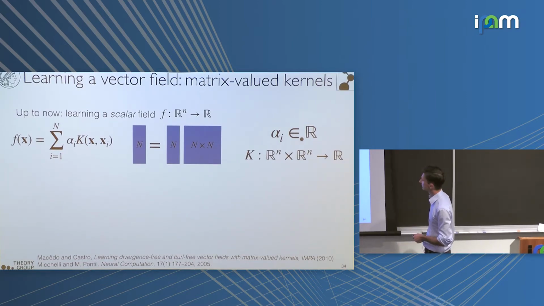That means that your weight coefficient for a certain training point i also lives in R, and your kernel takes the product between two samples that live in Rn and maps this into R. When you think about doing the matrix algebra, you have your target properties here, here you have your weights, and here you have a kernel.